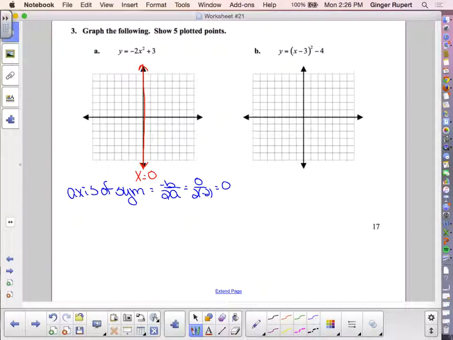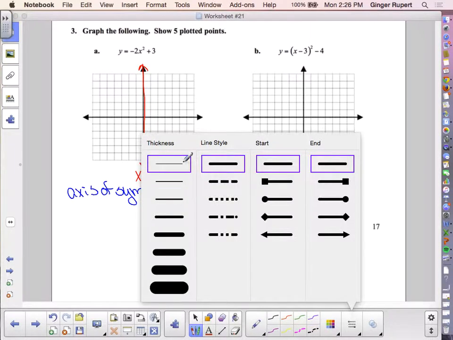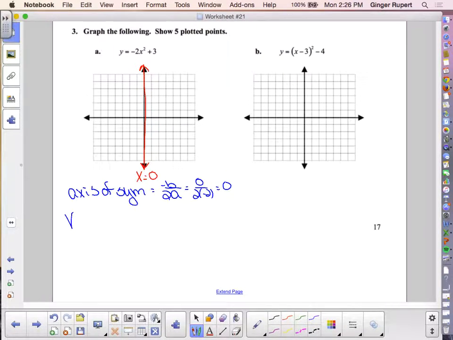Then I need to find my vertex. Remember, the x-coordinate of the vertex is the same value as the axis of symmetry. To find the y-coordinate, I will substitute a 0 in for x. So here, y is equal to 3.